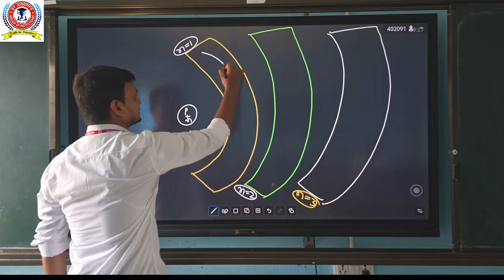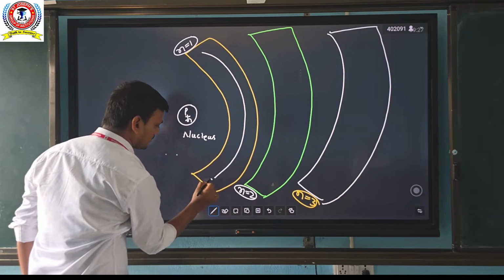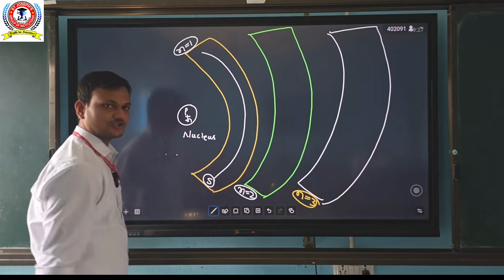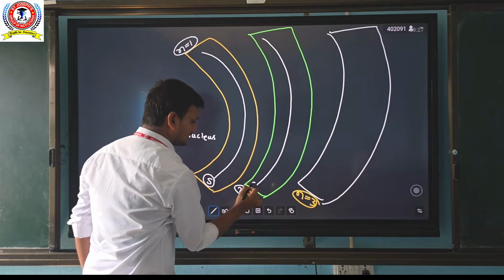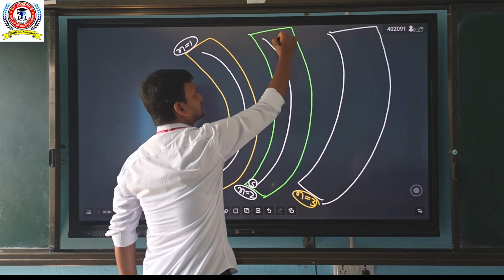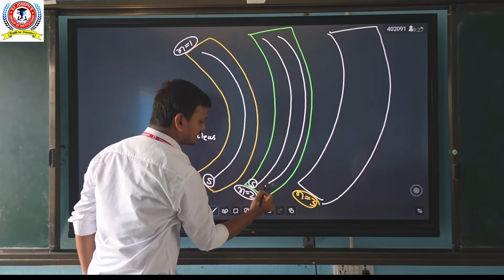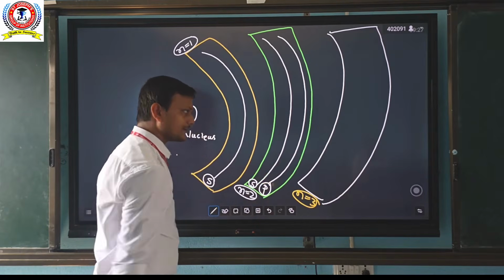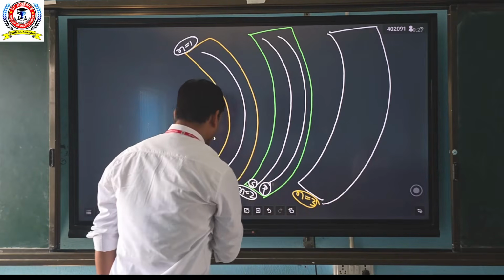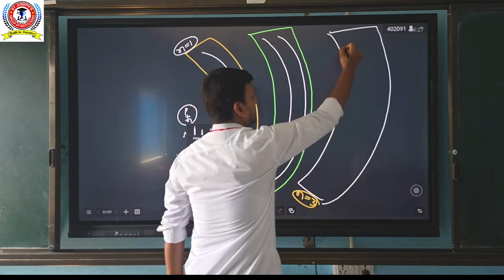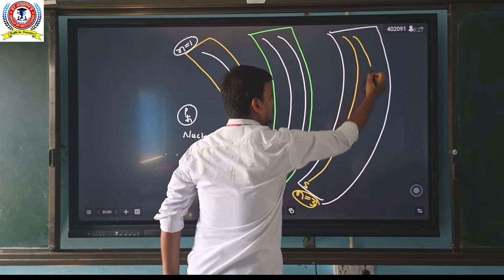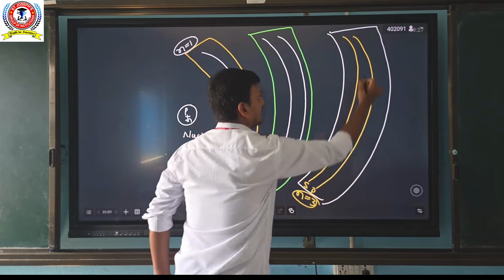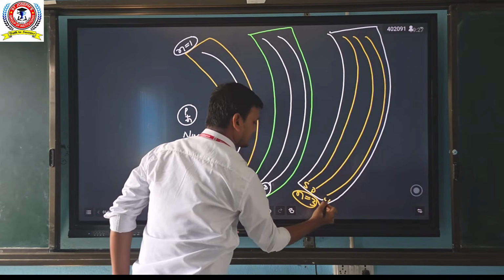Students, this is your S subcell. In the second cell there are two subcells, one is S, another one is P, and in the third cell there are three subcells: S, P, and D.